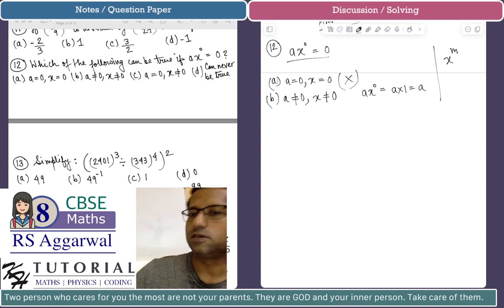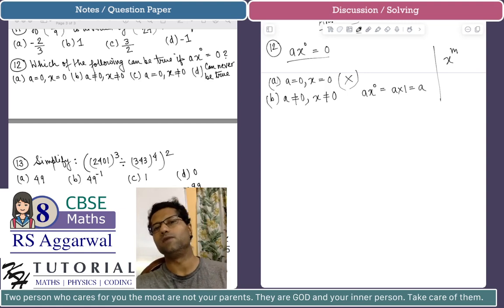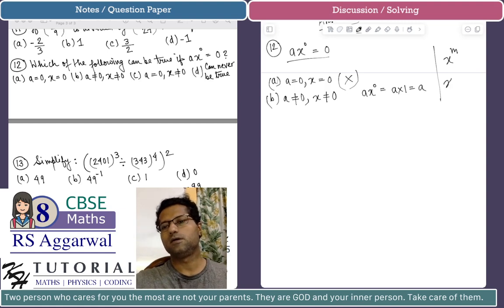Why? Because if x is non-zero, then x to the power 0 will always be 1, because we know that for any non-zero rational number, x raised to the power 0 is always equal to 1. So it's a into 1 equals a. But it is also saying that a is not equal to 0.